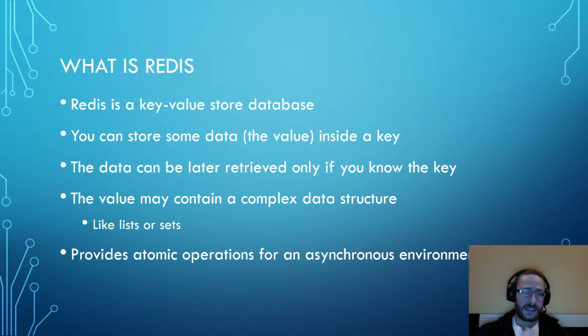What that means is that you don't have any tables, you don't have any schema involved, you don't have any relationships involved. Redis allows you to insert data by a certain key. Consider the dictionary data structure in a typical C# application.